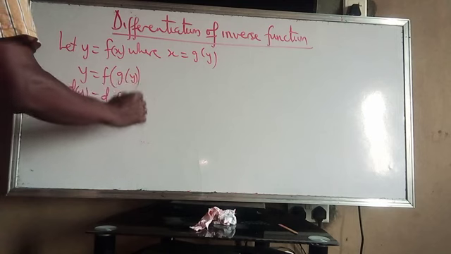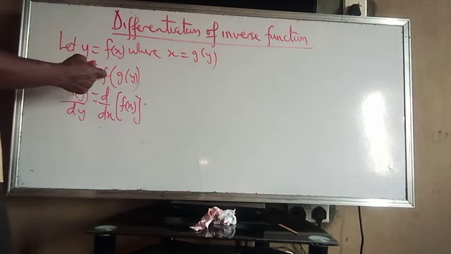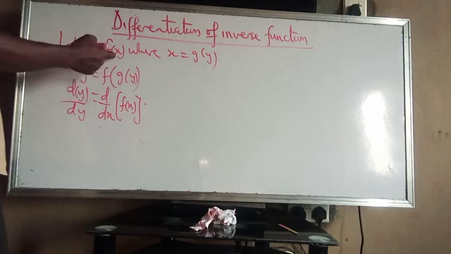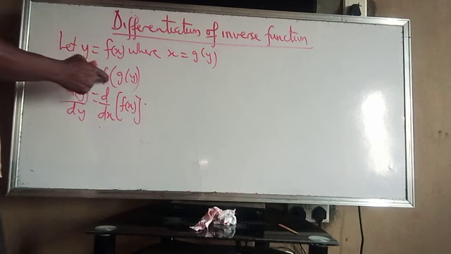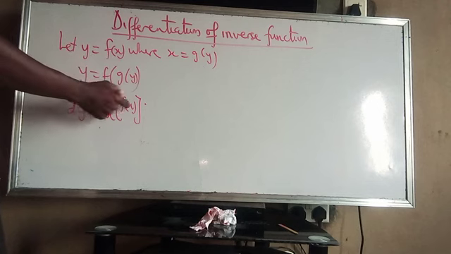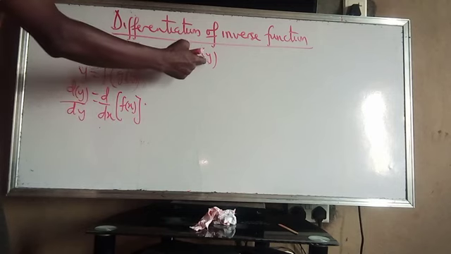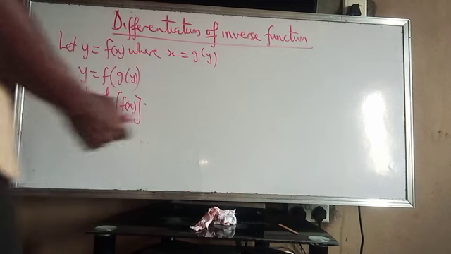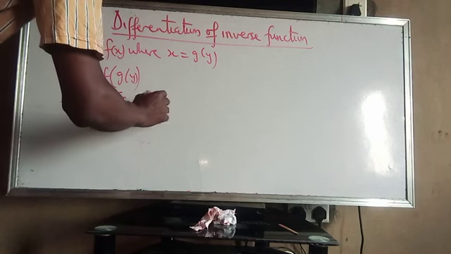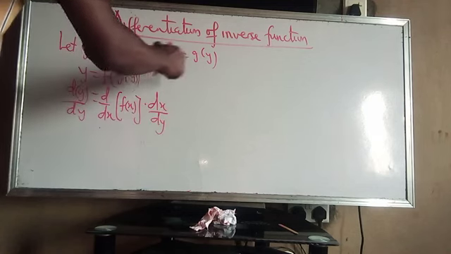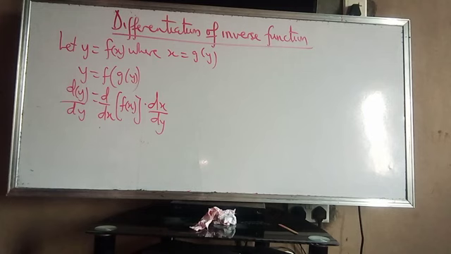Now, this is a composite function, f of x, but x is g of y. So the differential of f of x is multiplied by our x, which is g of y, so that will be dx/dy. I hope you understand what I've just done there.